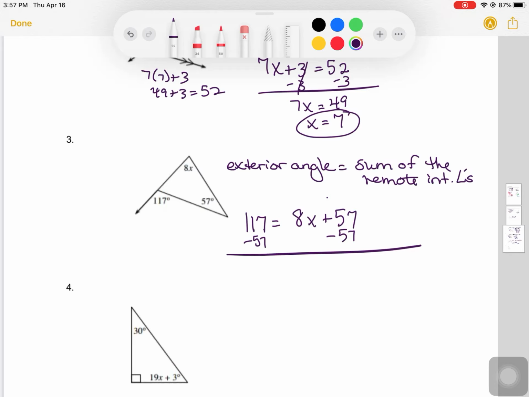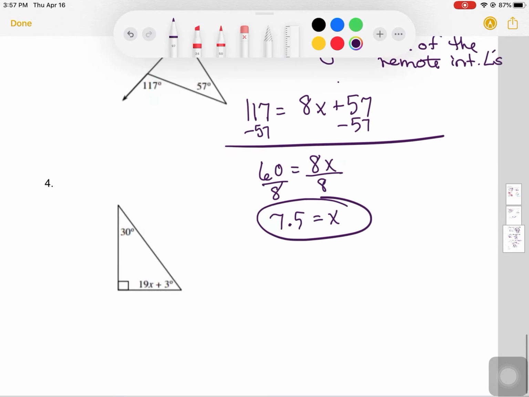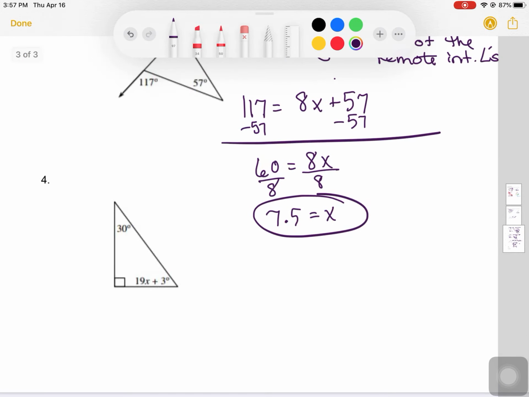Go through, subtract 57 from both sides. I get 60 equals 8x, divide by 8, that is 7.5. Equals x. All right, and we'll continue moving on.